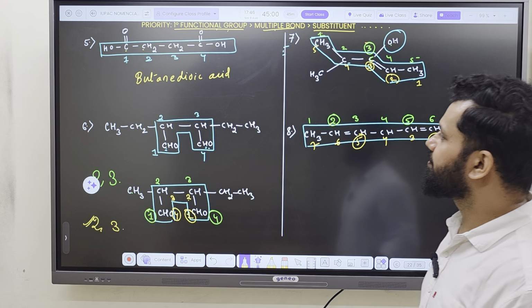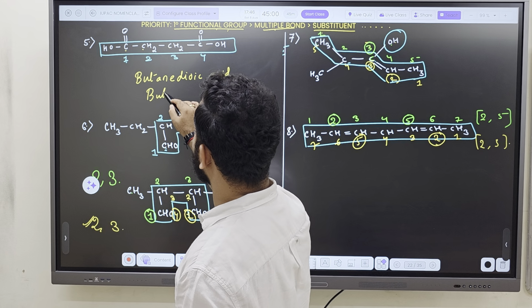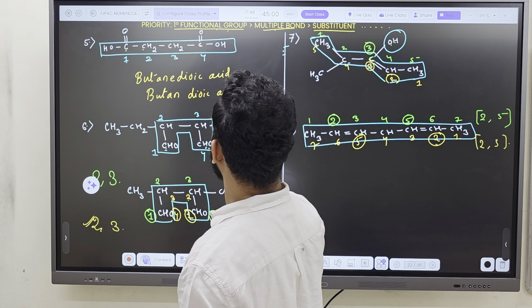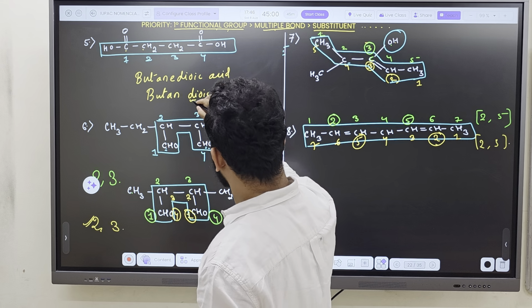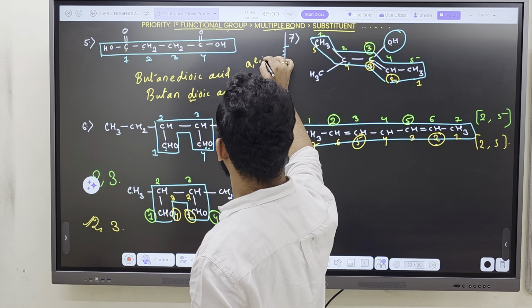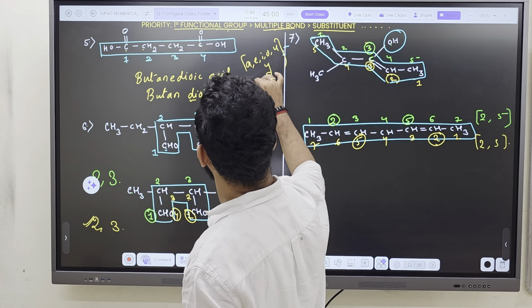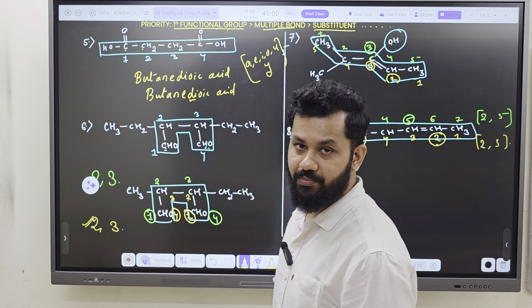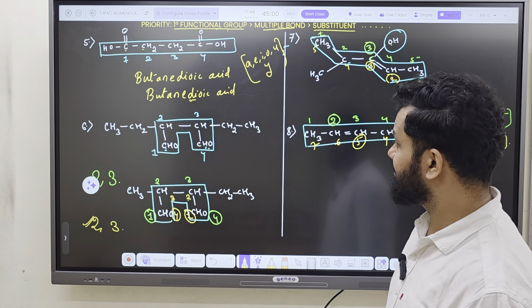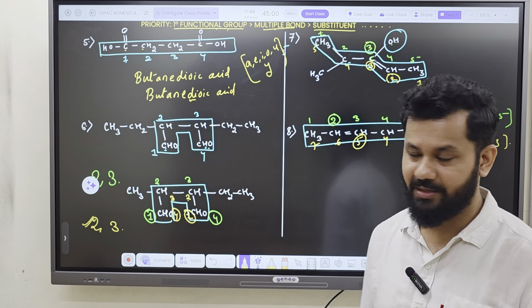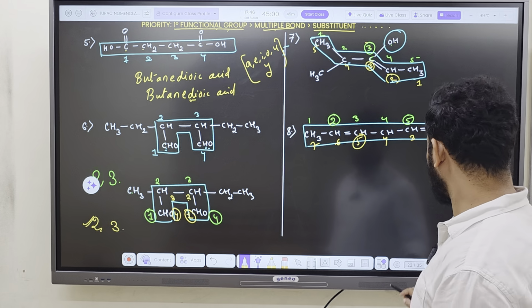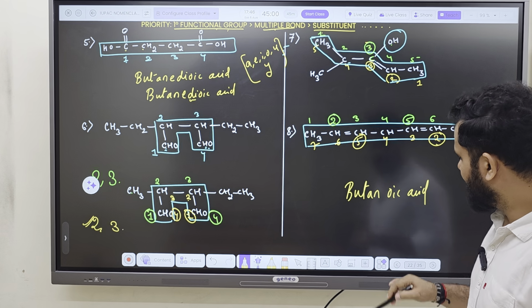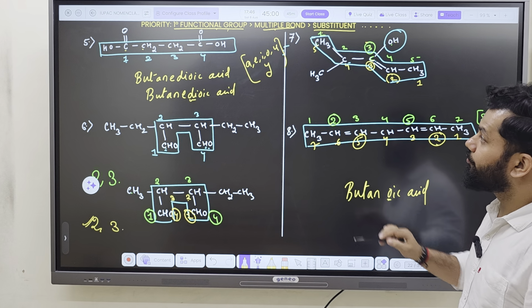There is a rule which says that once you write butane, you check the next alphabet, which is D. If this alphabet is not a vowel or Y, so it is not A, E, I, O, U or Y, then you must enter this E. Whereas if it is, then you have to omit that E. For example, if I had to write butaneoic acid, the next alphabet after butane is O, which is a vowel.